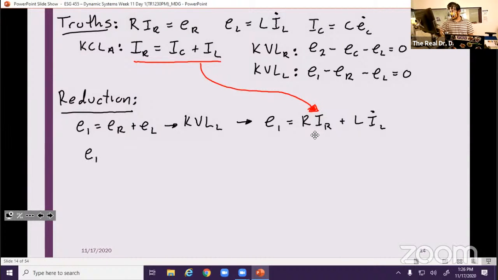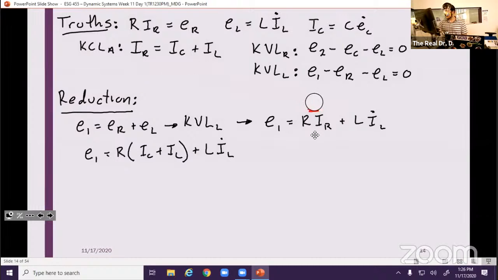So I'll get E1 is equal to R times (I_C plus I_L) plus L I dot L. Right. So I put the I_R equation in, and that's great.